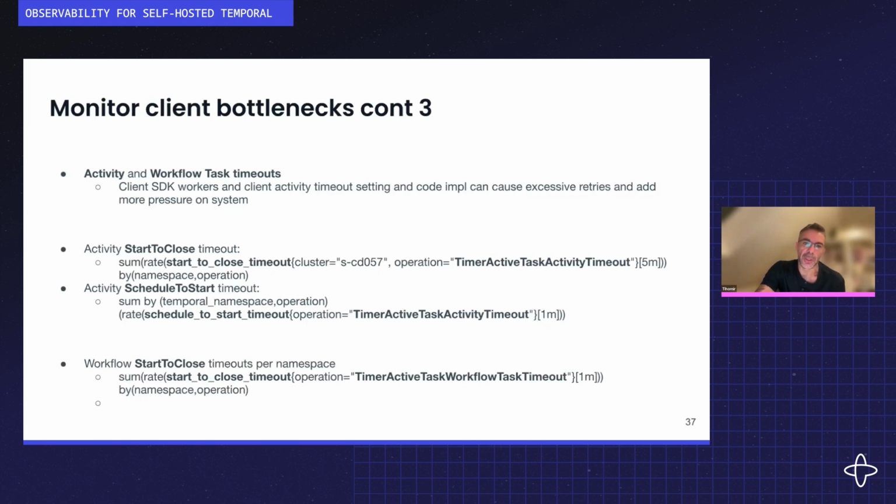If the user doesn't have a specific use case of rerouting activities to different workers and different task queues, this can be a pretty good indication that maybe they have their workers down. There is also schedule to close timeout, but I think I copied the start to close timeout twice. But there are ways to monitor basically all the activity timeouts within your cluster.